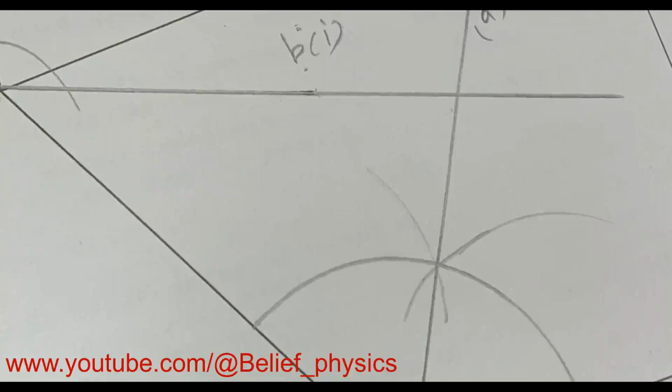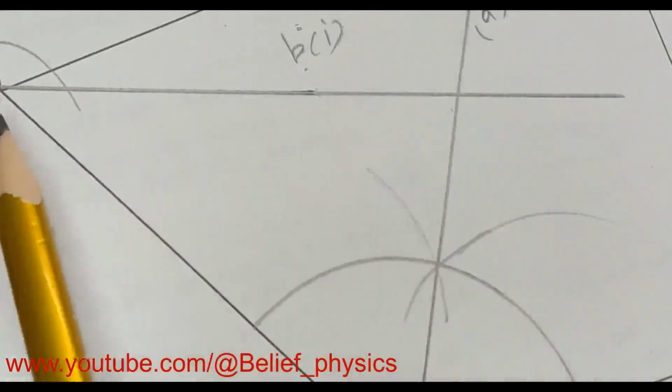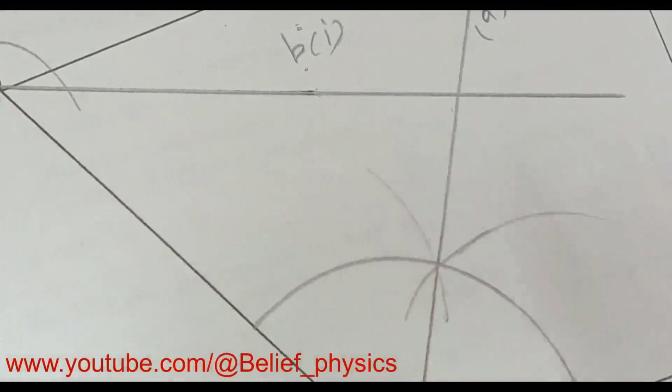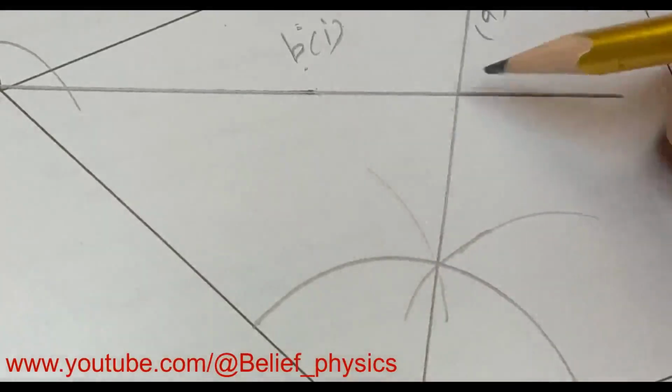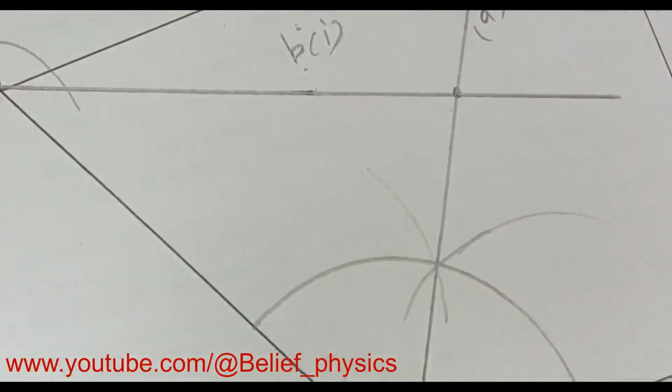find the actual distance from P where Priya meets the path. This line represents the walk of Priya, and it meets the path at this point. We have to find the actual distance from P. So how to find it? Quite easy.